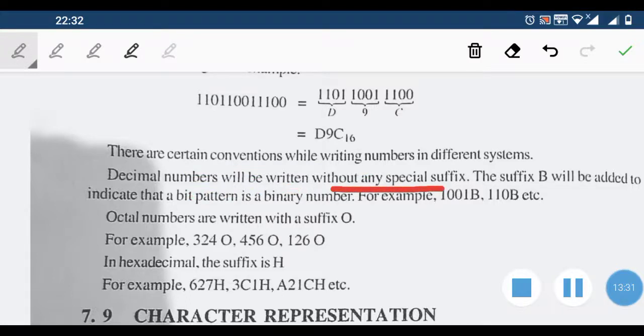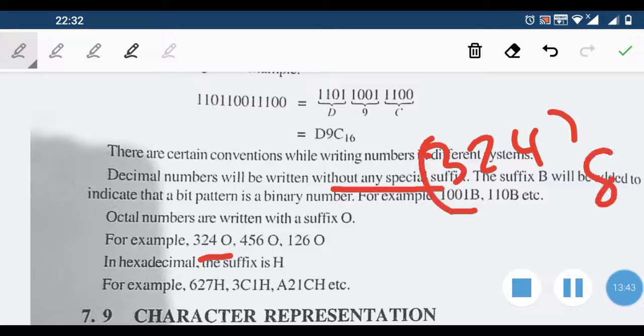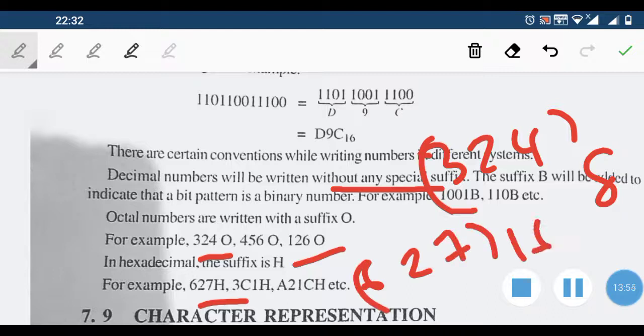We write something like 1001B, which corresponds to binary. Sometimes for octal we write like this, 324O, instead of writing 324 to the base 8. And for the hexadecimal number system we use the symbol H, like 627H, instead of writing 627 to the base 16. This is a common representation of the hexadecimal number.